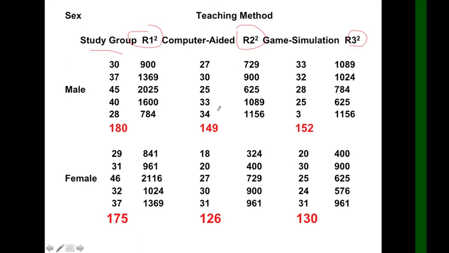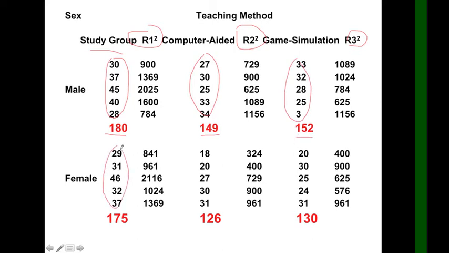Okay? Then after that, add the total of the first group for the male, which is 180, the total of the second group for the male, which is 149, and the third group for the male is 152. The same is true with the female.